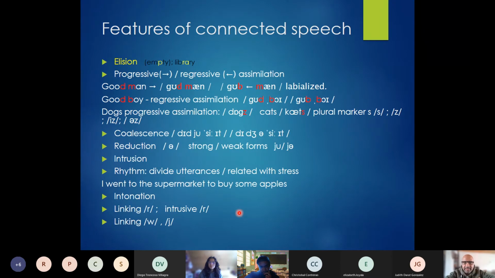I went to the supermarket to buy some apples. If you remember Cristobal's example, 1, 2, 3, 4, and 1, and 2, and 3, and 4, and a 1, and a 2, and a 3, and a 4.